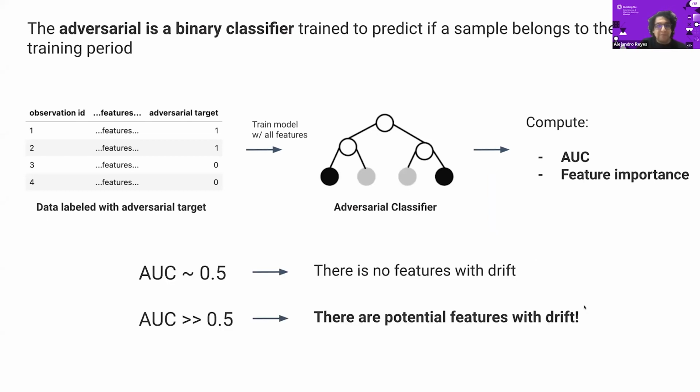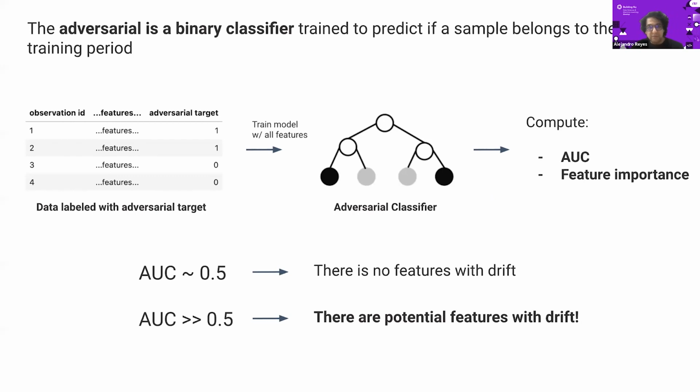In this case, if the AUC of the adversarial classifier is near 0.5, then there is no feature with drift because our classifier is not distinguishing between the training and production data. But in contrast, if the AUC is greater than 0.5, there are potential features with drift. Our classifier is distinguishing between the training and production data.